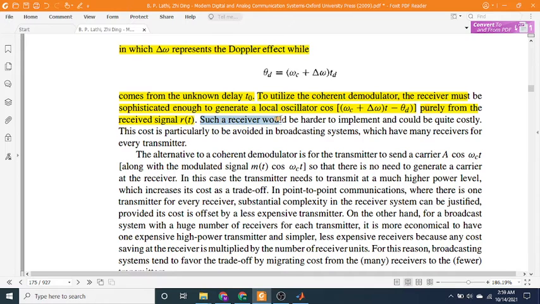Such a receiver would be harder to implement and could be quite costly. This cost is particularly to be avoided in broadcasting systems, which have many receivers for every transmitter.